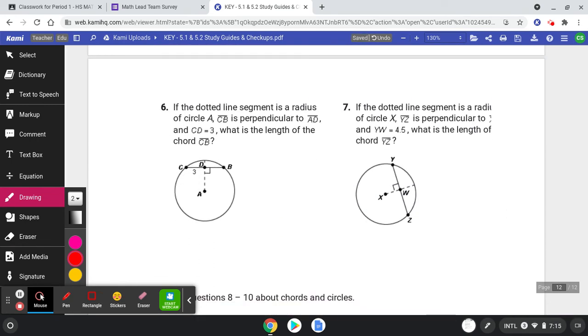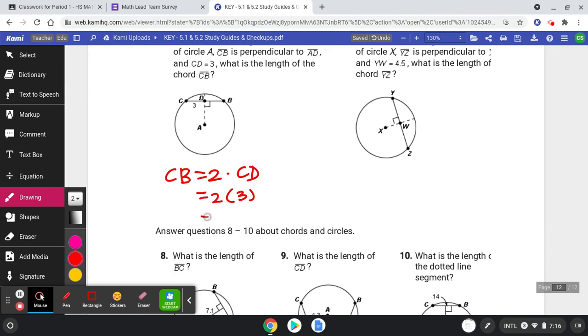Finally, our little rules about the chord. We know that CB is equal to 2 times CD. And so if you know that CD is 3, we know that that whole length is 6.